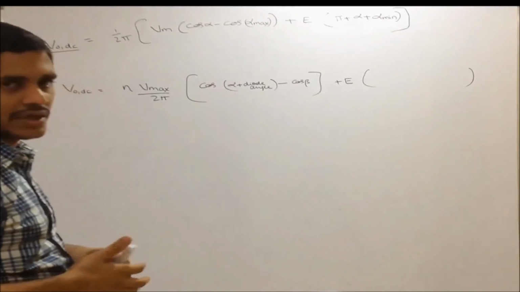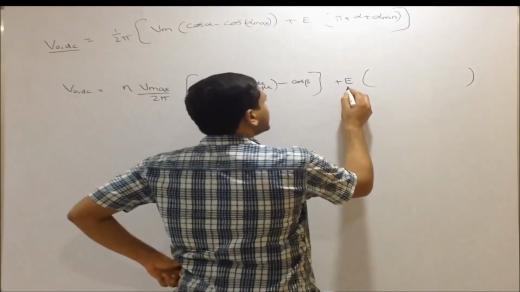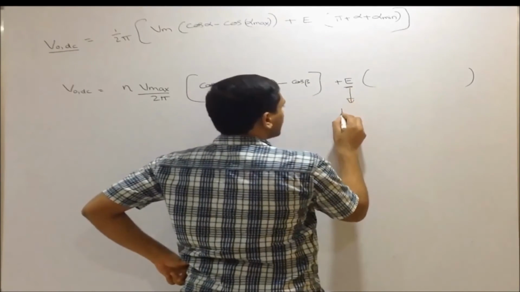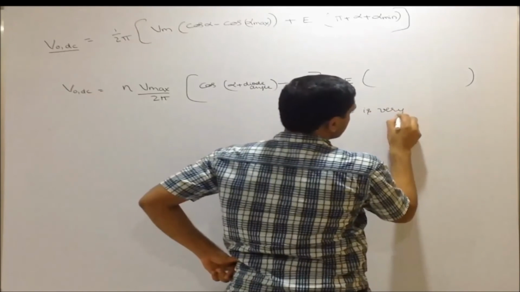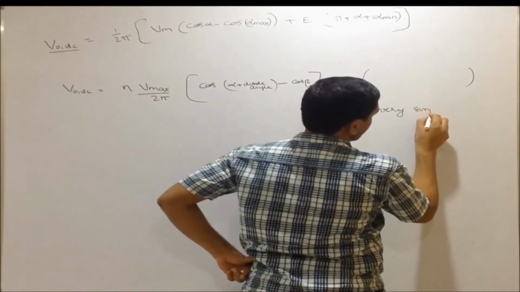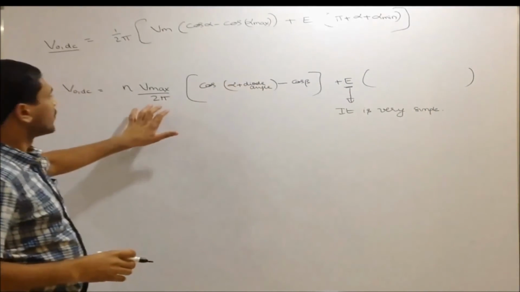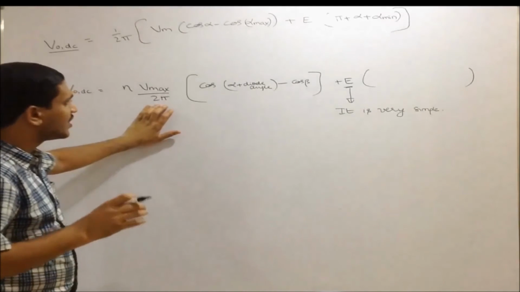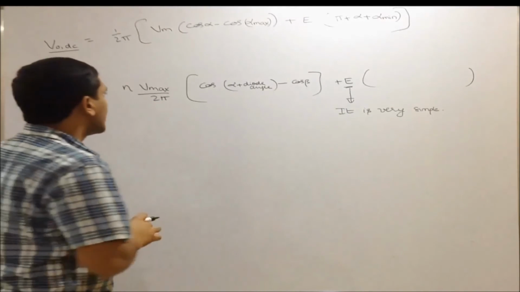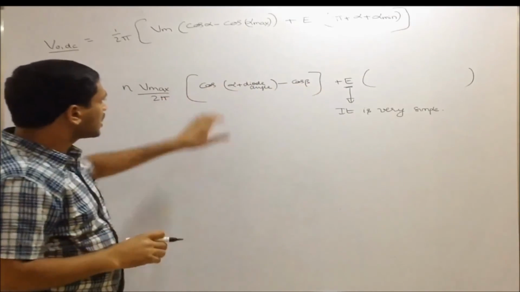So, how do I add E? Addition of E is very simple. When I have the input supply Vs equal to Vm into sin omega t, I got cos terms. I have taken the sin term, so I got the cos term.